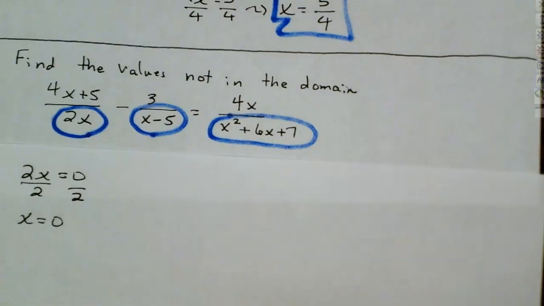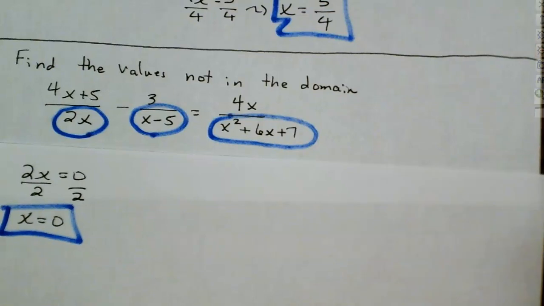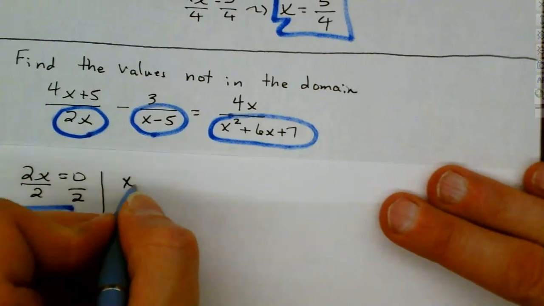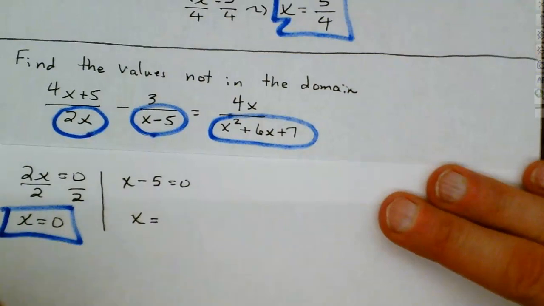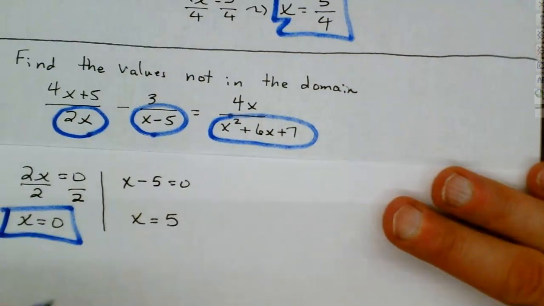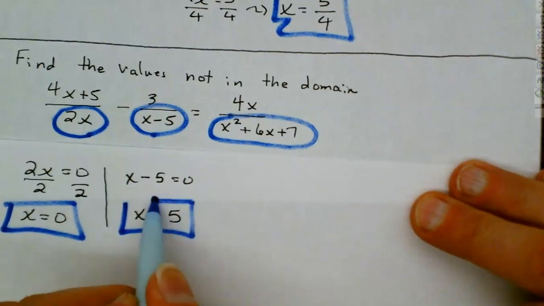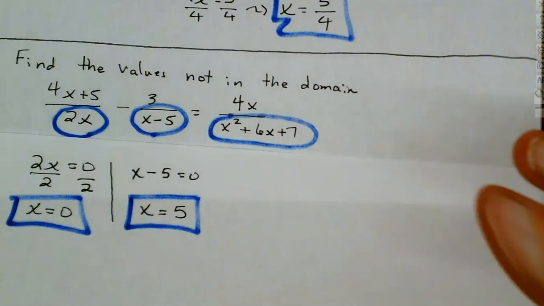So x equals 0 is one number that will not work. What's another one? Okay, x minus 5 equals 0. So moving it over, x equals 5. Also does not work. And what about our last one?